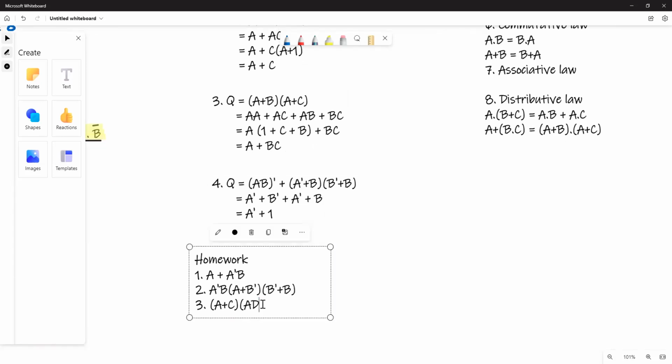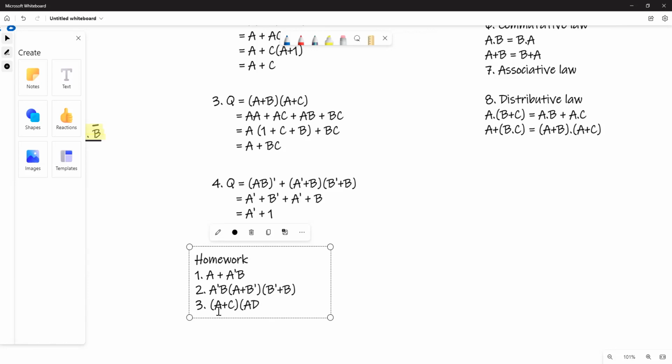So the second and third one, yeah, it's the same thing. Slightly different one.